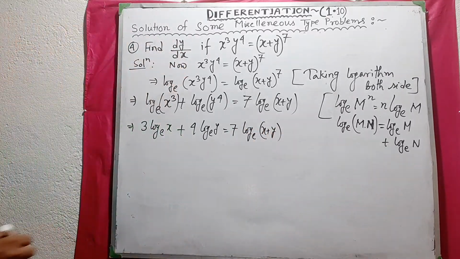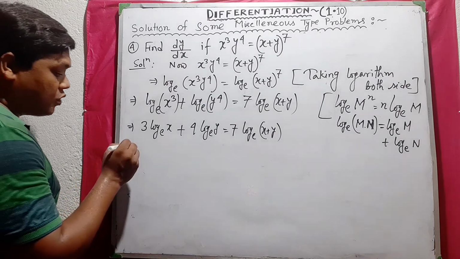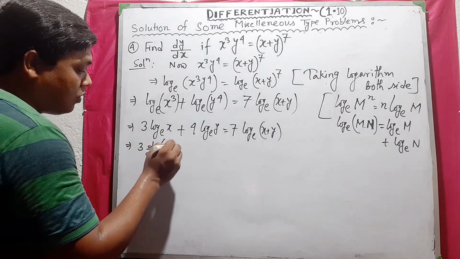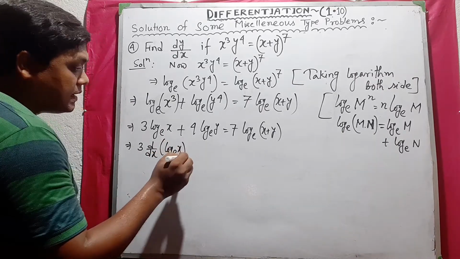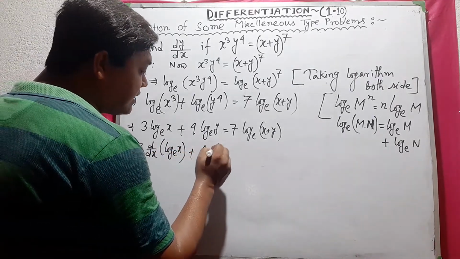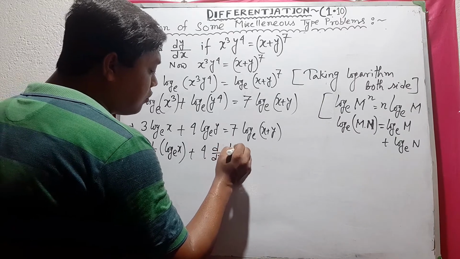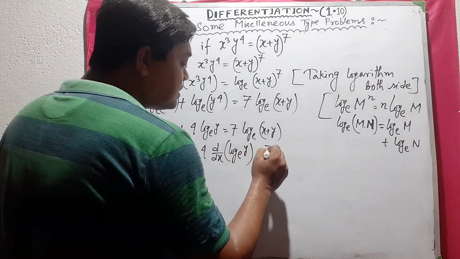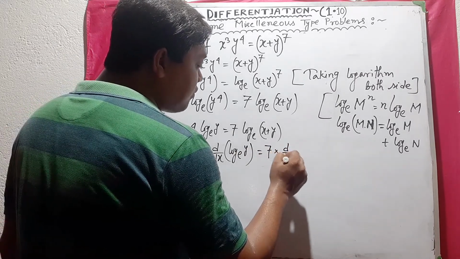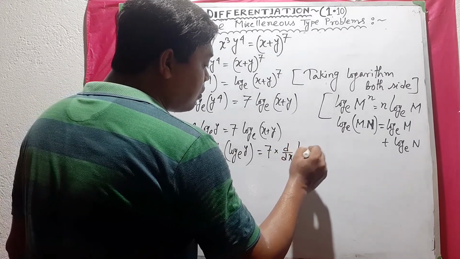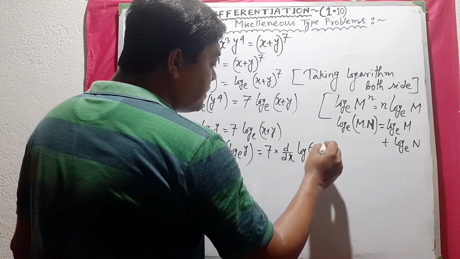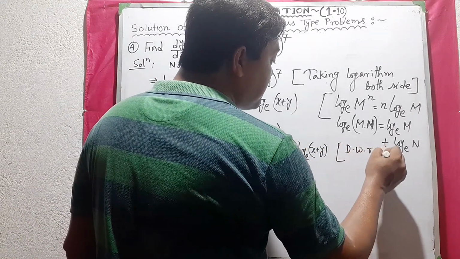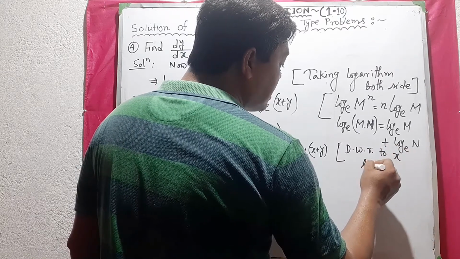Now we differentiate with respect to x both sides. So 3 d/dx of log x base e plus 4 into d/dx of log y base e equals 7 into d/dx of log (x plus y) base e.